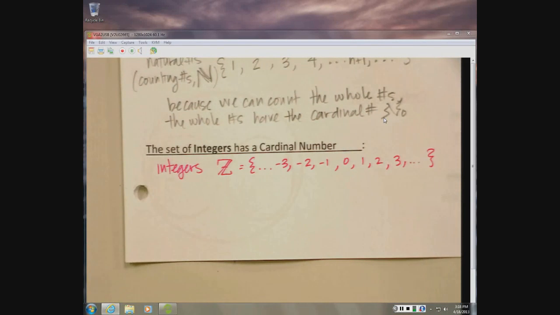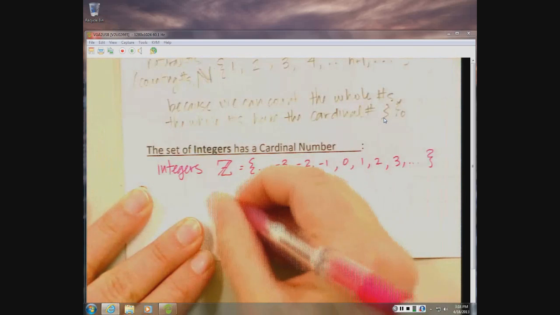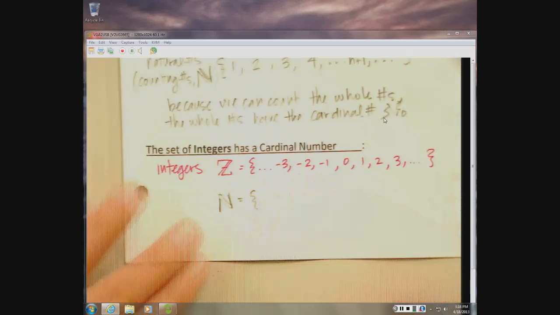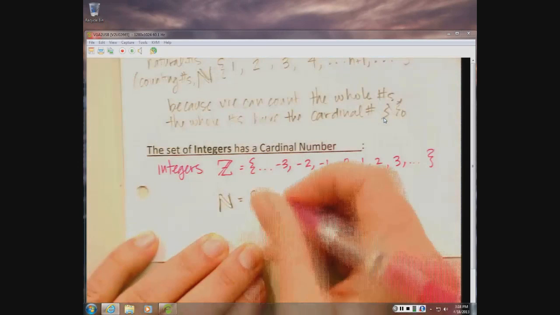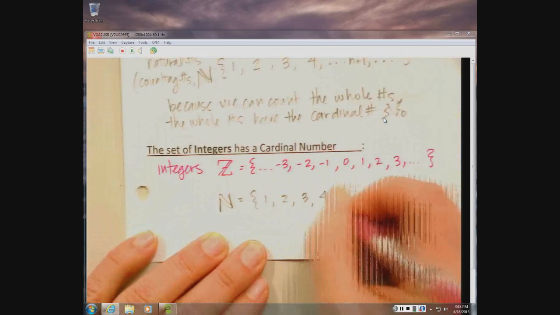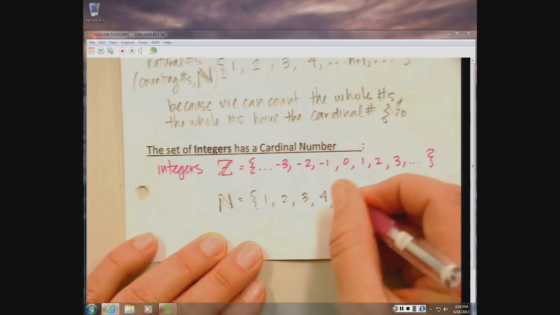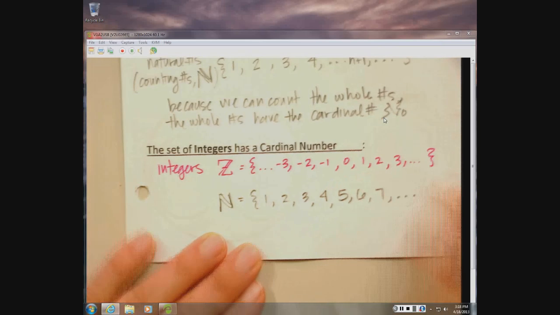Now I want to lay out my natural numbers, and I want to see if I can create a one-to-one correspondence. So if I write my natural numbers, that's 1, 2, 3, 4, we'll go 5, 6, 7, and so on.